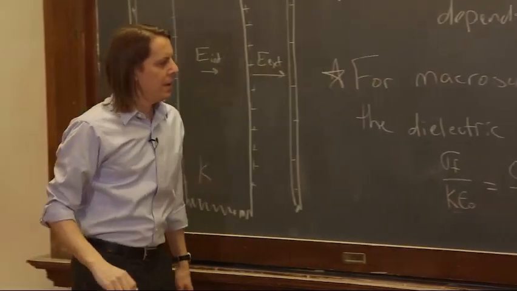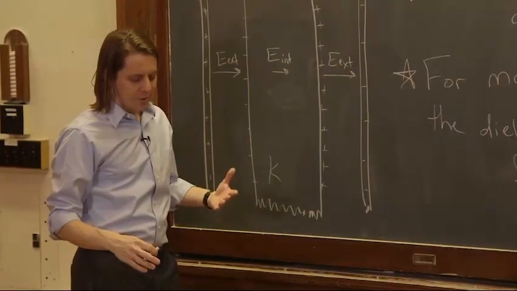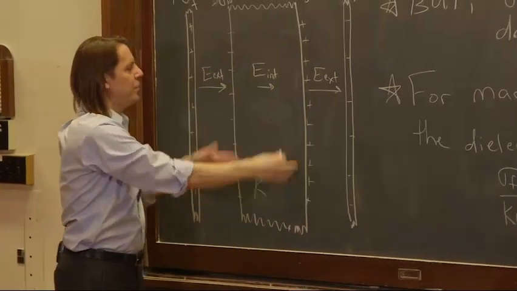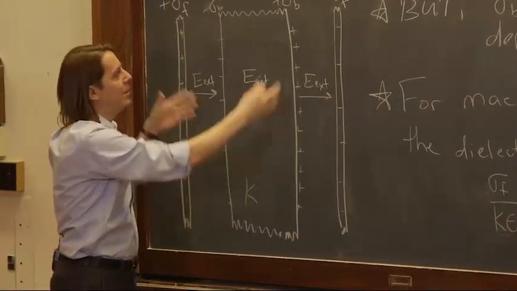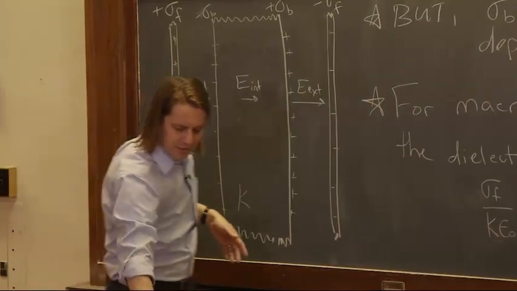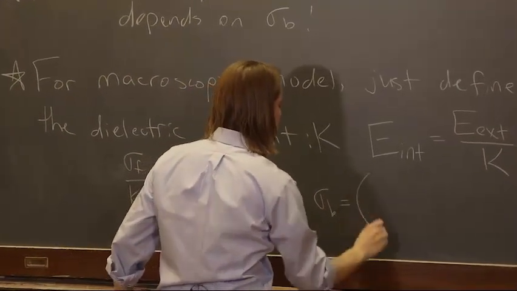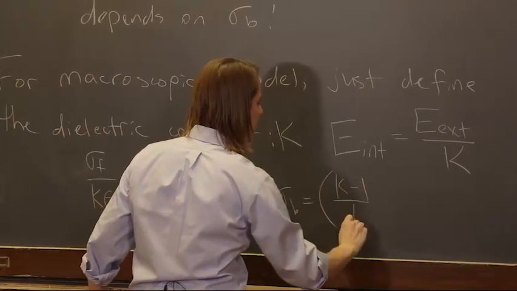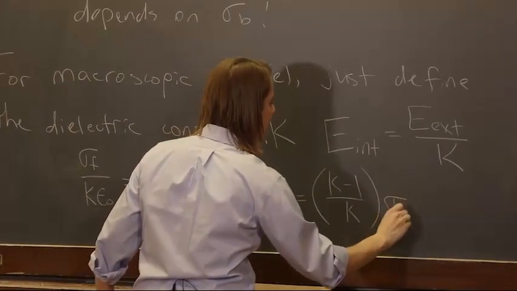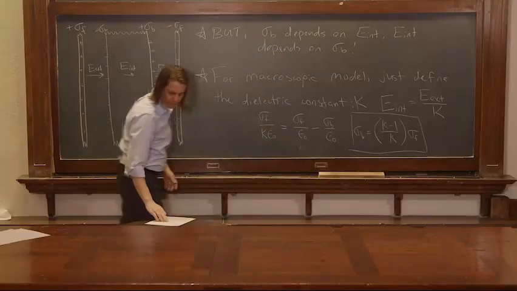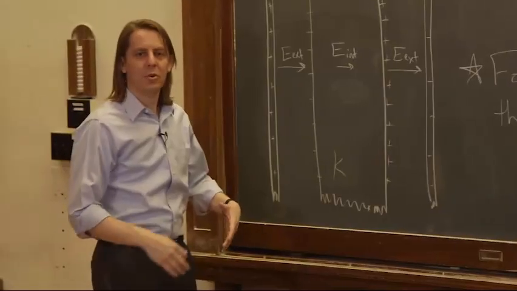Right. And what you can do is you can flip these around to figure out what surface charge density will build up on the slab in terms of the free charge density. And you get that the sigma b, the charge density that builds up, is K minus 1 over K times sigma free. Okay.